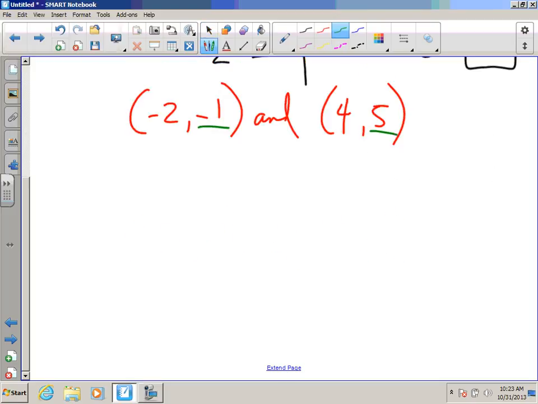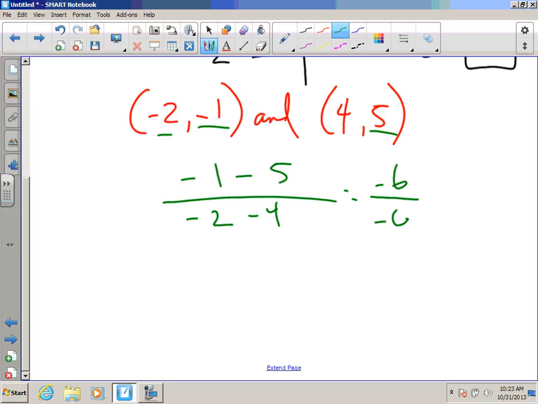So negative 1 minus 5 and negative 2 minus 4. All right, so negative 6 over negative 6 is a positive what? Right, exactly.